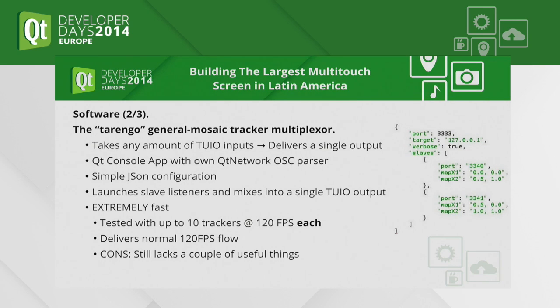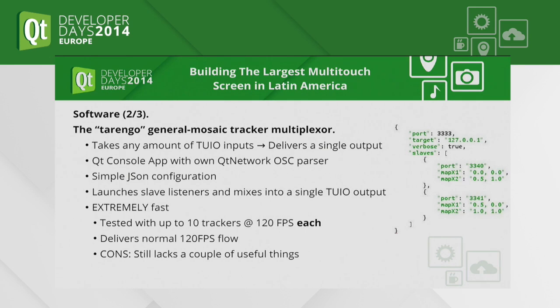It takes any amount of TUIO inputs, that is basically data coming from the network, and it delivers only one flux of data. It can do coordinate remapping, and it can easily be configured with this JSON style configuration using the JSON support in Qt.